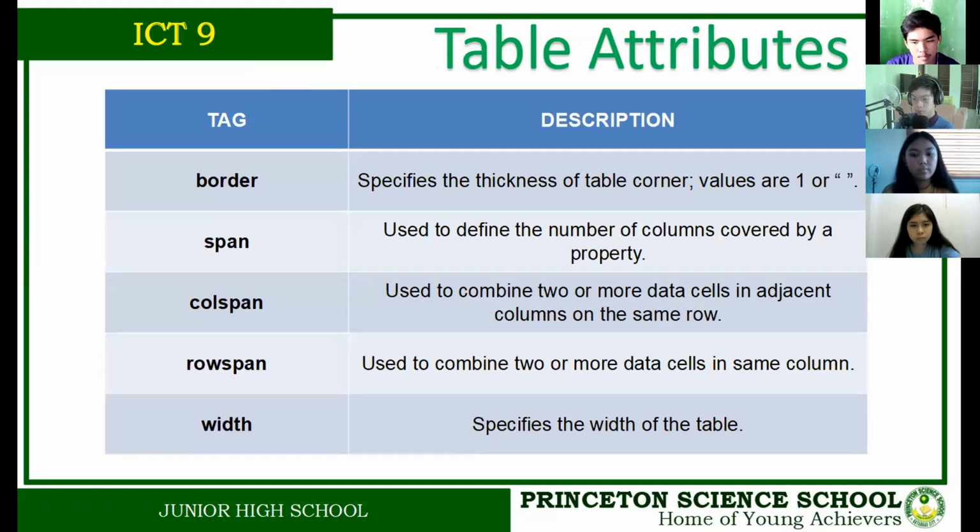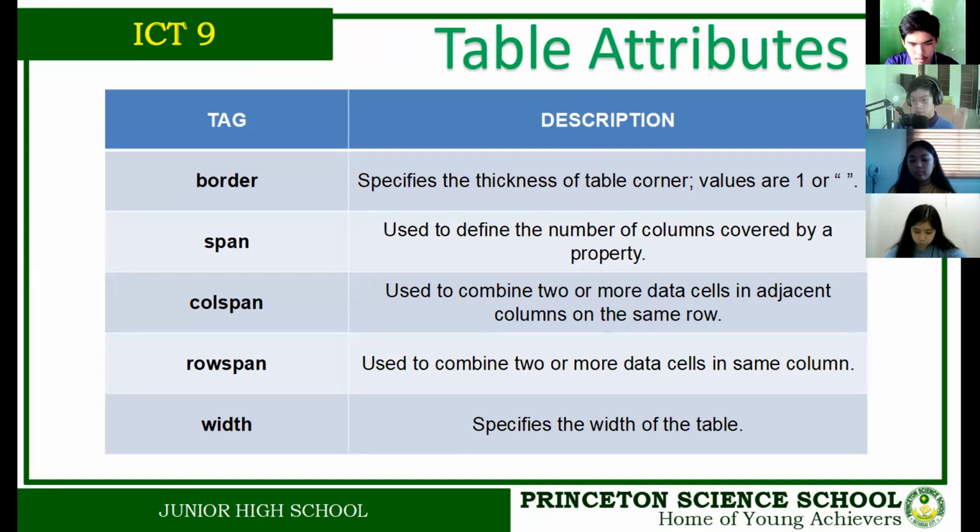Okay, so now we are in our table attributes. For the table attributes, the first one we already encountered earlier is our border. The description for this one specifies the thickness of the table corners.